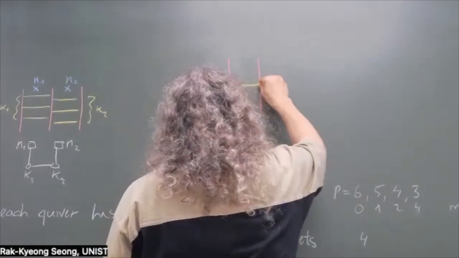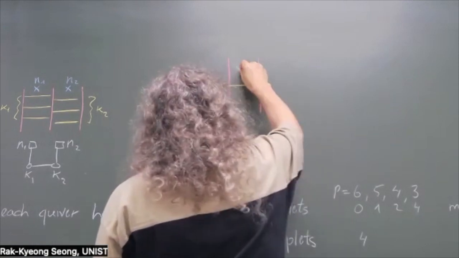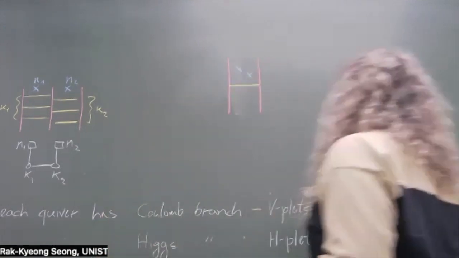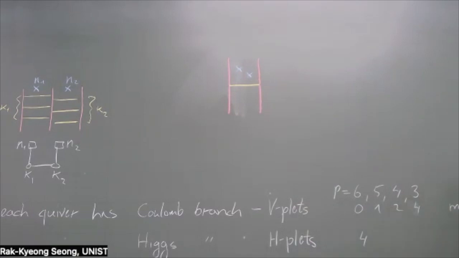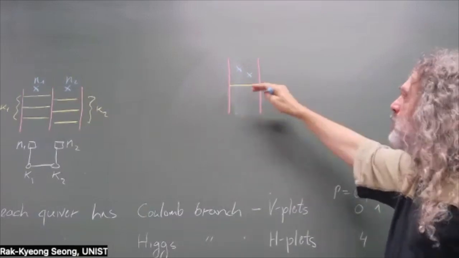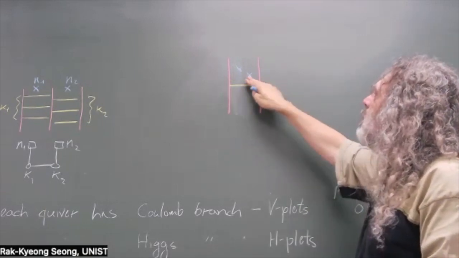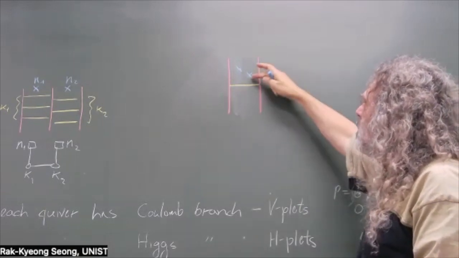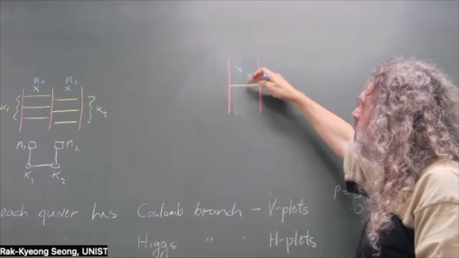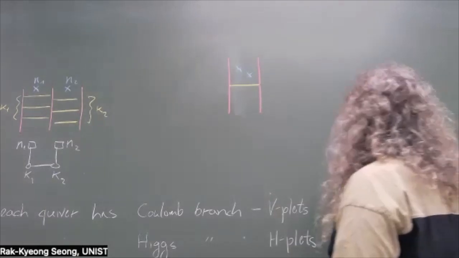And here 1 and 2. So I have 2 D5, 2 NS5. It's symmetric. So what kind of configurations can I get from this? I could align the 2 D5 branes and also with the D3 brane. So it would look like this.